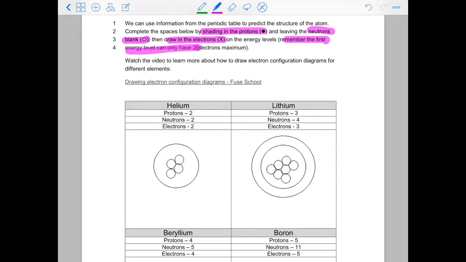Remember that the first energy level can only have 2 electrons maximum. So if you feel like you can give it a go, feel free to go in and give it a go. If you want some more help with it, again, click on the link in your digital copy, watch this video here, and then come back to this and we'll give it a go.